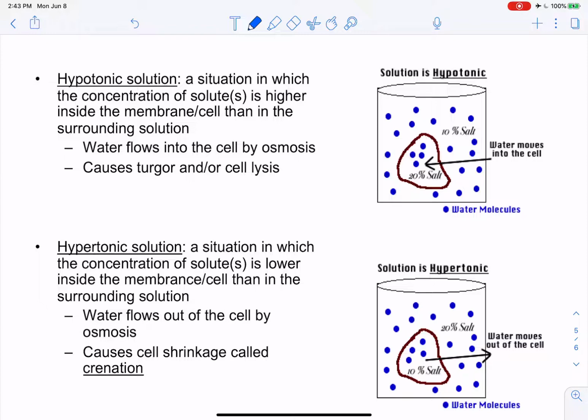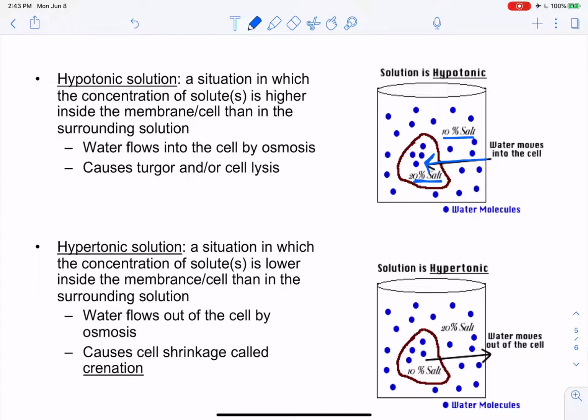So if we look over at the picture, we've got 20% salt, again, whatever the salt is, on the inside of the cell, and 10% on the outside of the cell. So the water that's on the outside of the cell is going to want to rush in and dilute the situation on the inside of the cell, because that's what water does. It's like seek and dilute.